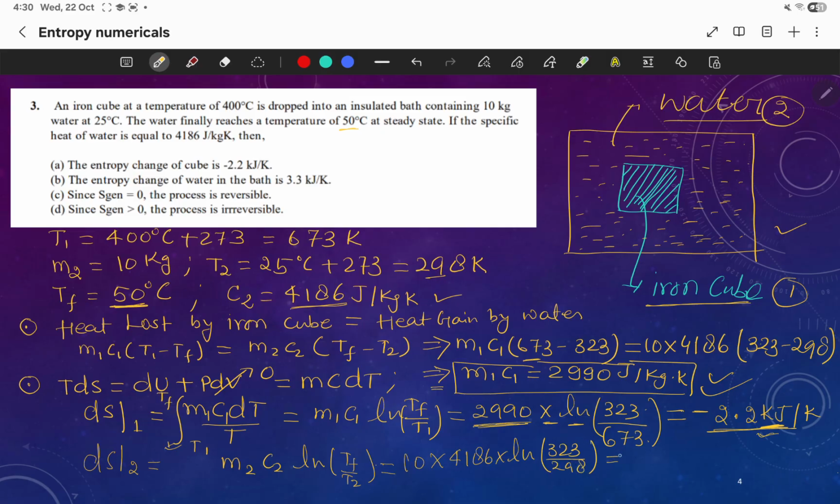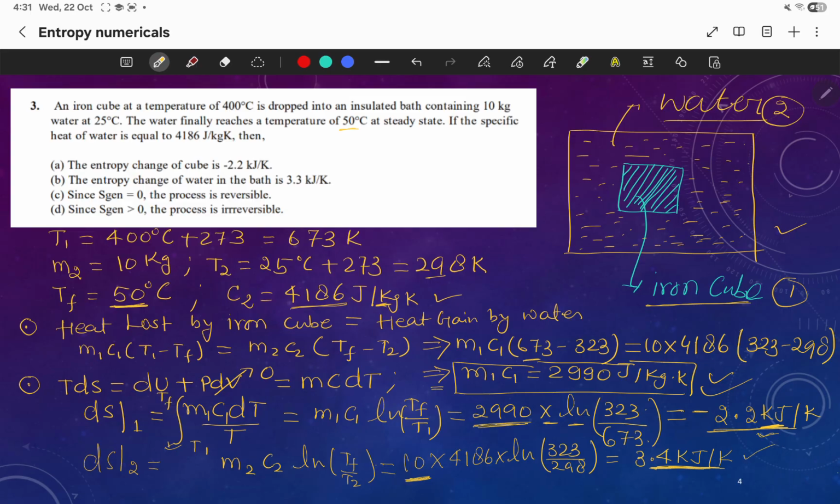So we will get 3.4 kilojoule per Kelvin. Keep the units in mind: here we multiply by m, so the per kg cancels, and we get kilojoule per Kelvin.